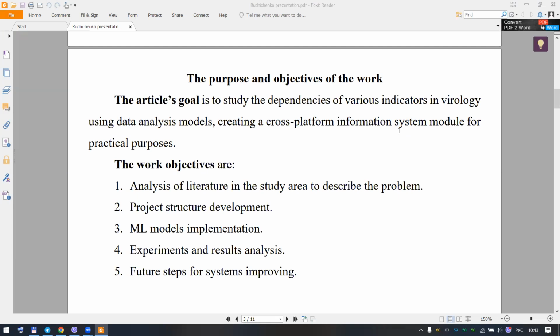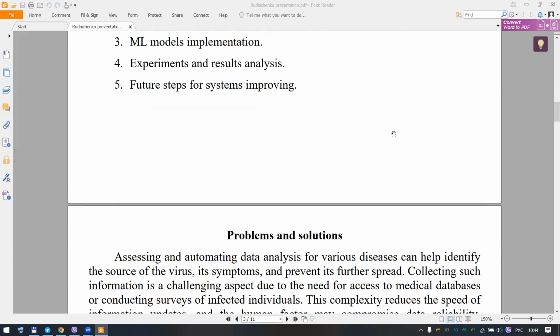The work objectives are analysis of literature in the study area and description of the problem, project structure development as UML diagrams and component interconnections, machine learning models implementation with the help of the programming language Python and a couple of functional libraries, experiments and results analysis, and a proposal of future steps for system improvement.